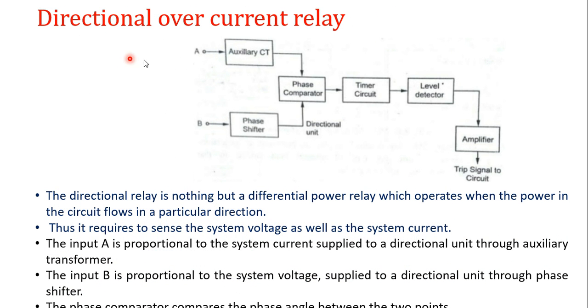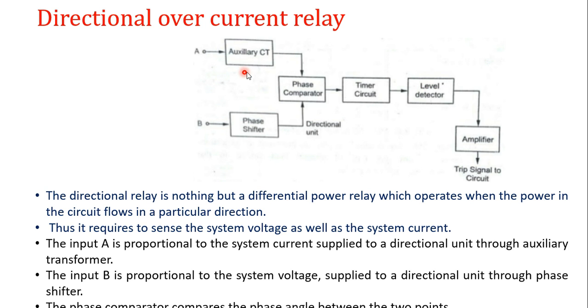Next is directional over current relay. Directional relay is nothing but the differential power relay which operates when the power flows in a particular direction. It will detect the fault according to the direction of current. If the direction of current changes, it detects the fault.